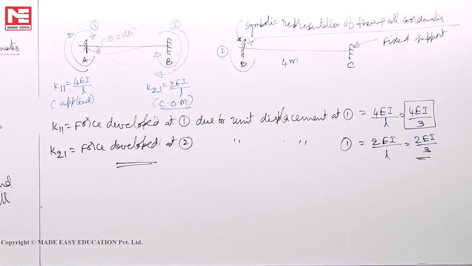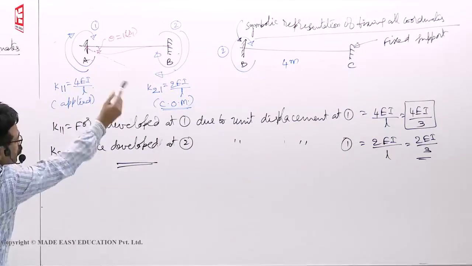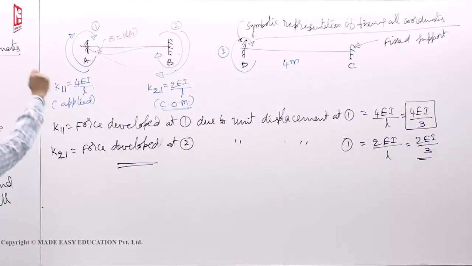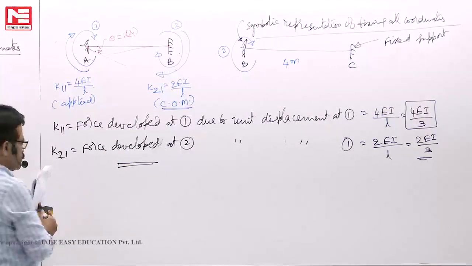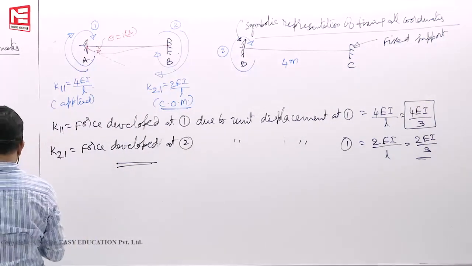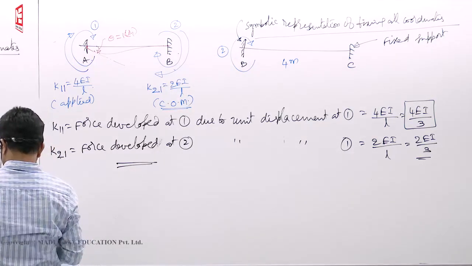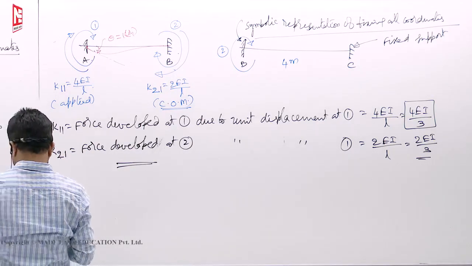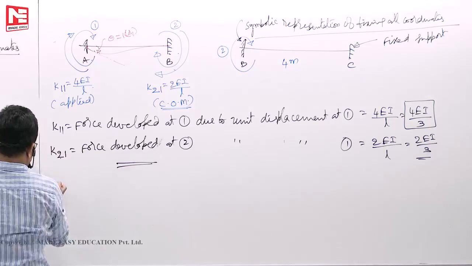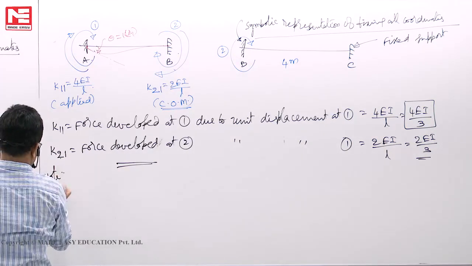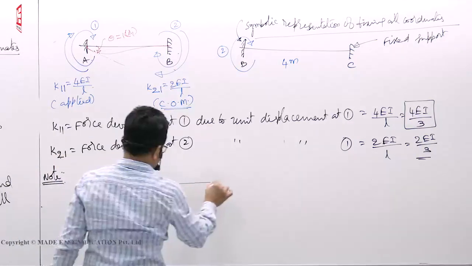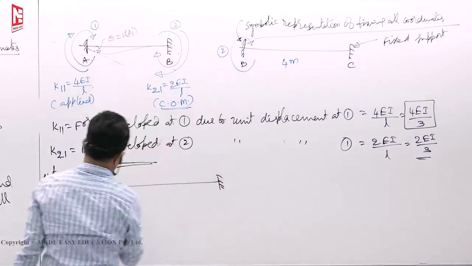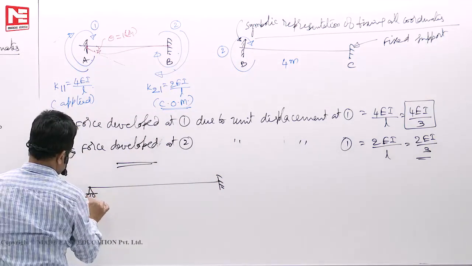Now let us see what is the reason for giving the same coordinate direction. Coordinate 2 here clockwise, there also clockwise. Why didn't we give anti-clockwise? That point is this one. Note. You see here, this is our problem. Fix it.